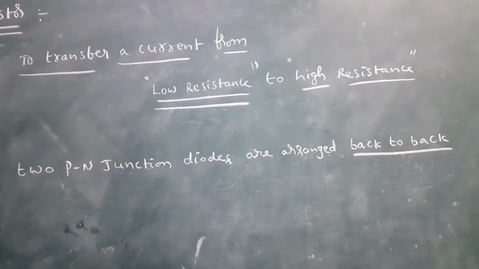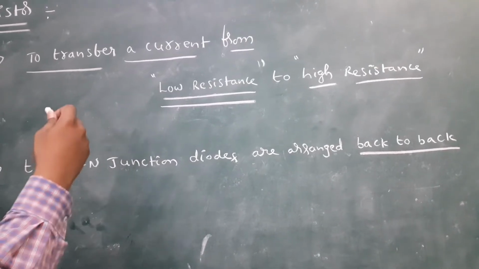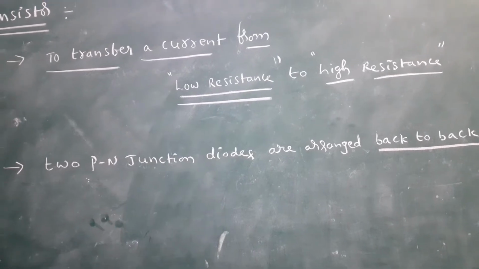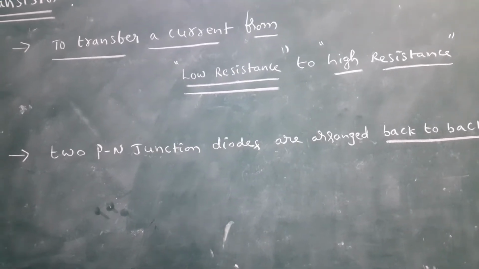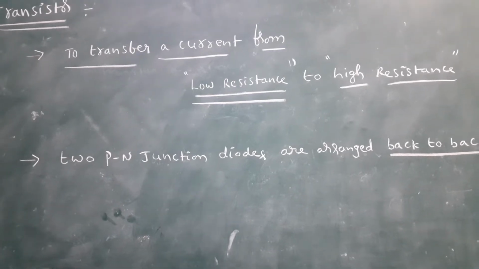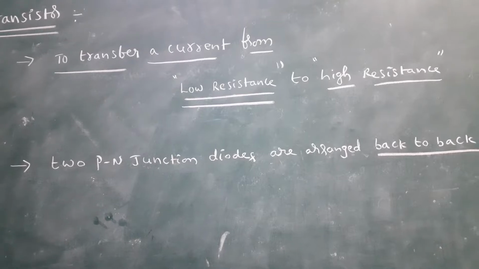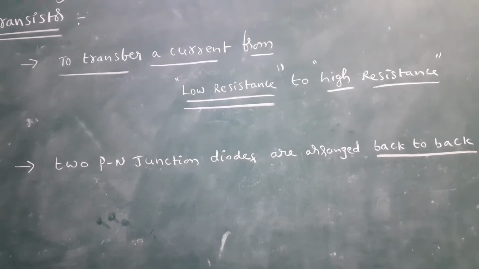But using this device, we transfer a current from low opposition to high opposition. Okay, what is the use of transistor? It is a device to transfer a current from low resistance, that means low opposition, to high opposition or high resistance.